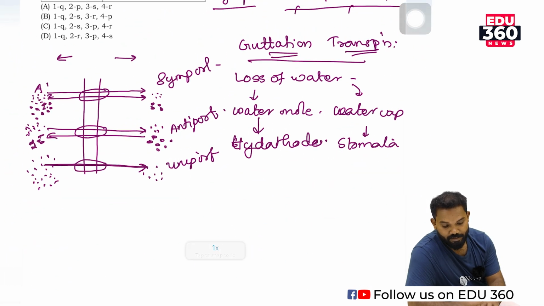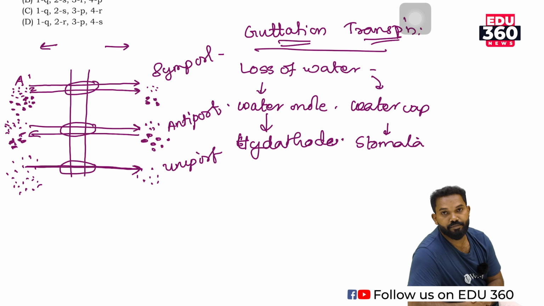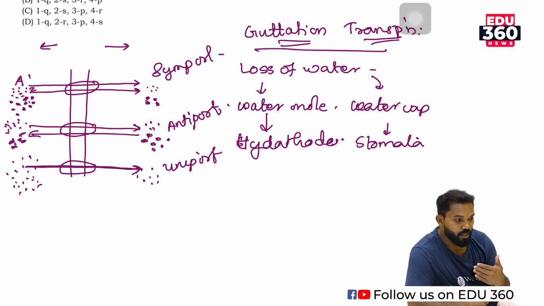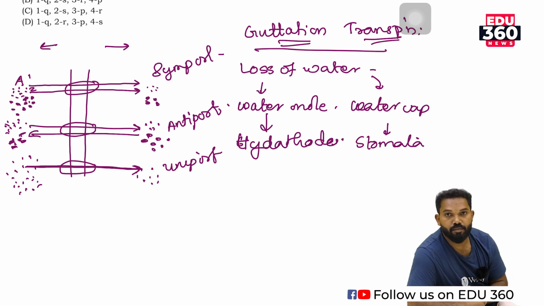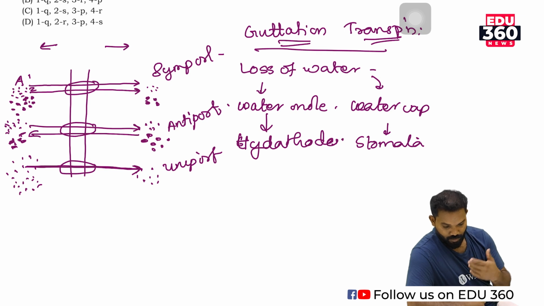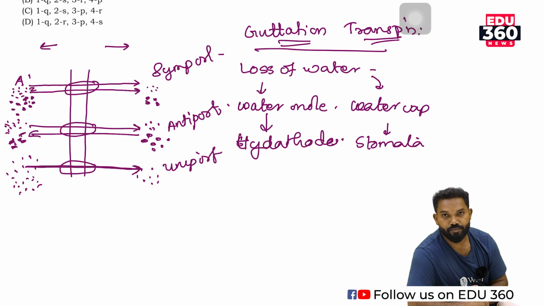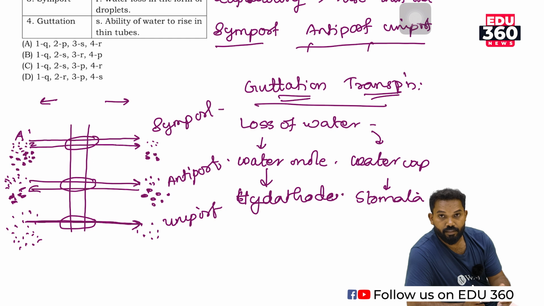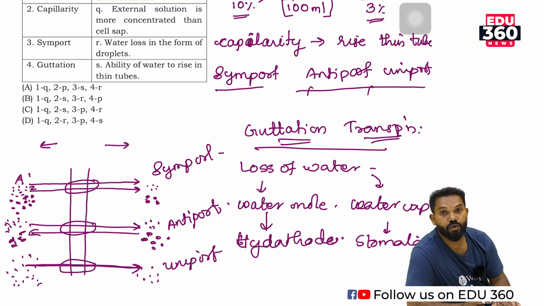Generally, monocot plants like grasses or small herbaceous monocots show guttation. But all plants exhibit transpiration, which is known as a necessary evil. It is an important phenomenon, and it affects the plant by causing the loss of water.